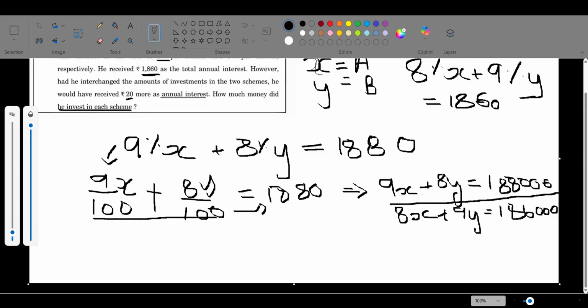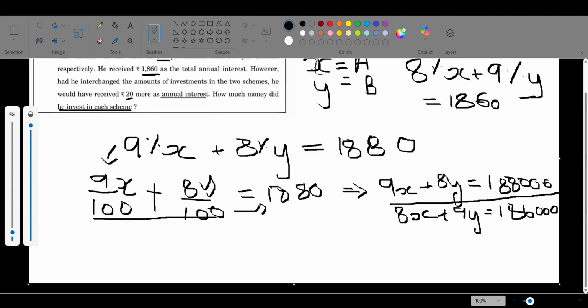Okay, 2000. Now if we add, we get 17x plus 17y, which will give us 374000. So 374 divided by 17.